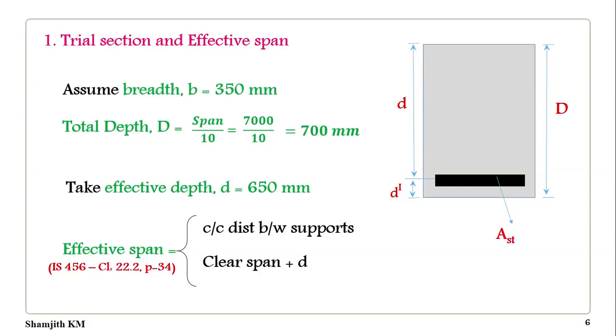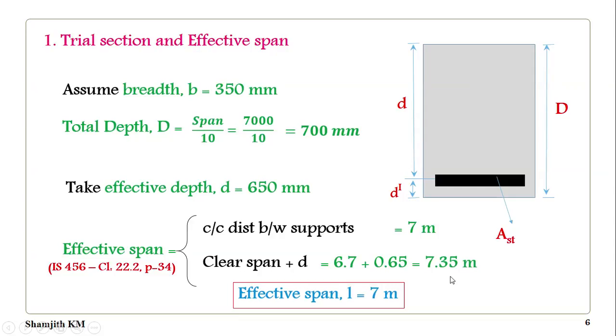Here center to center distance between the supports is given as 7 meter, and clear span plus D. Clear span is 6.7 we calculated, plus D, which is 0.65 meter. We get 7.35. Out of this, the smaller one is this. So we will be taking the effective span, or L, equal to 7 meter.